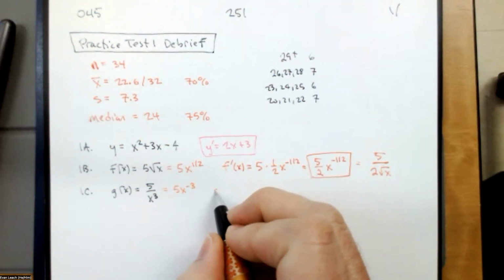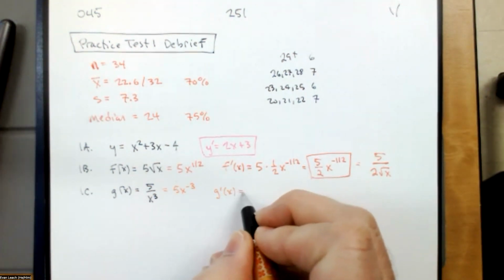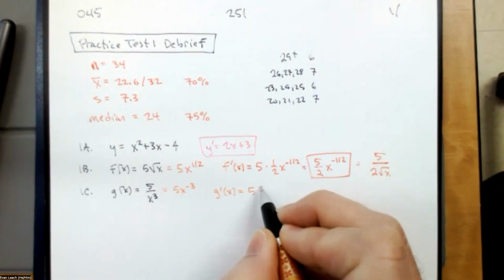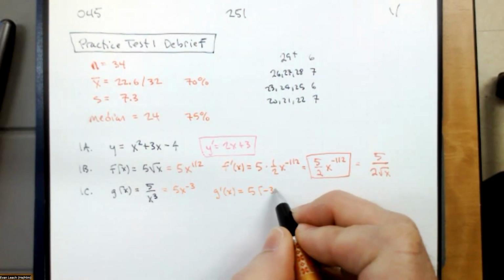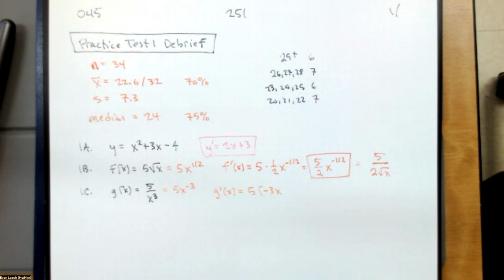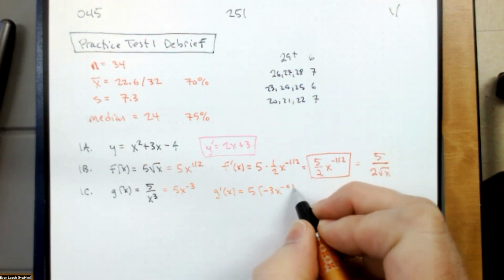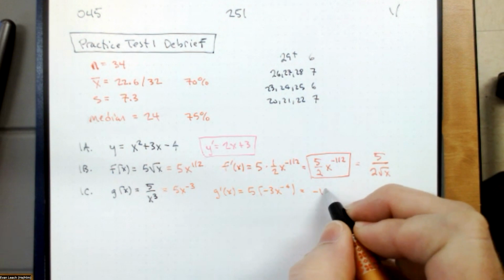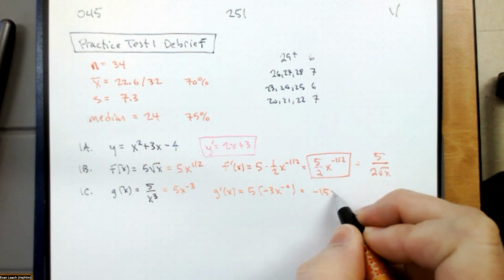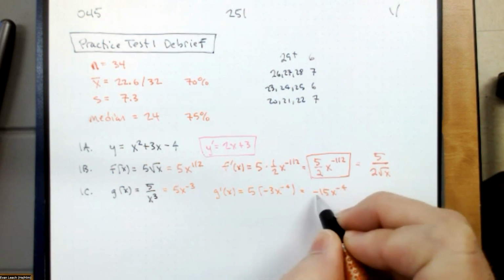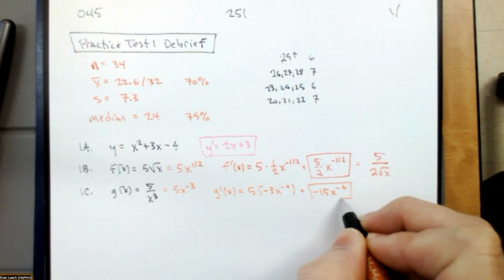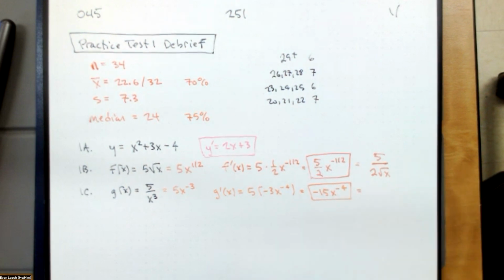So g prime. The 5 just hangs out, and we multiply by negative 3 x to the, now here's the tricky one. We have to read that negative 3 with a negative 3. So when we subtract 1, we go to negative 4. Negative 3x to the negative 4. First acceptable answer, negative 15x to the negative 4. If you're like, oh, nah, negative exponents, I was trained that these aren't okay.